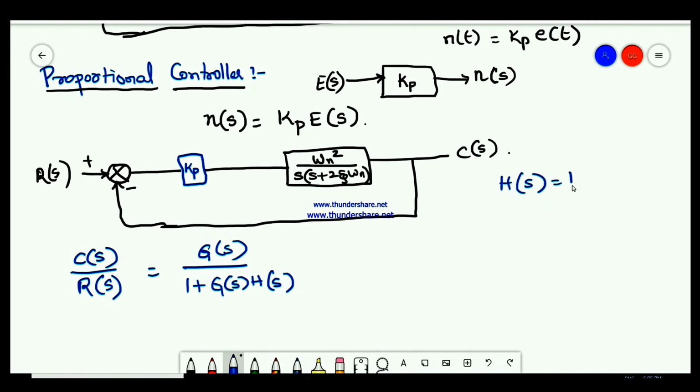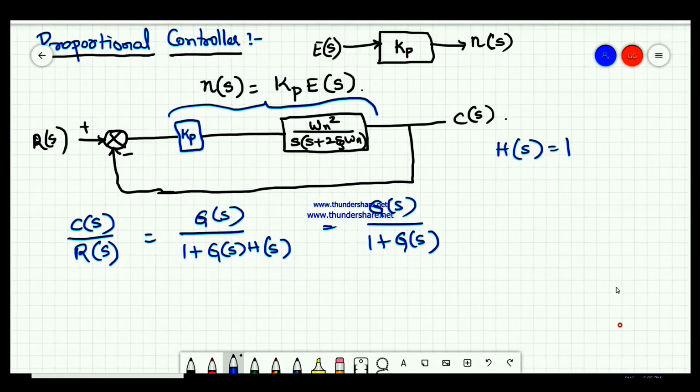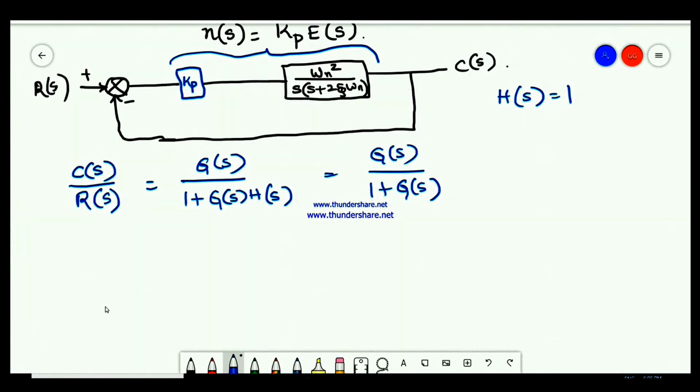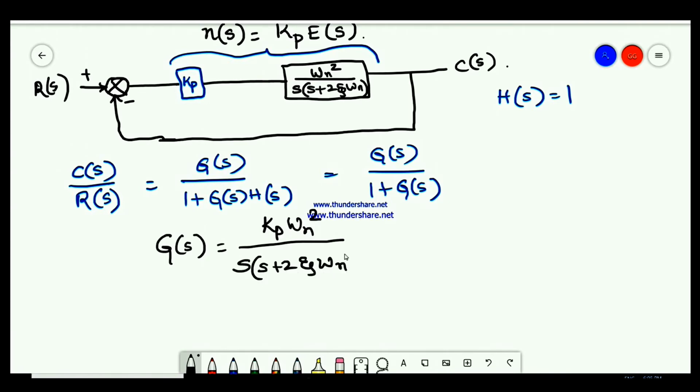So as H of S equals 1, we are now allowed to write G of S by 1 plus G of S. G of S would be equal to the multiplication of those two block gains, because they are both in series. Therefore, G of S equals Kp into omega n square divided by S into S plus 2 zeta omega n. So this would be the G of S that we get.